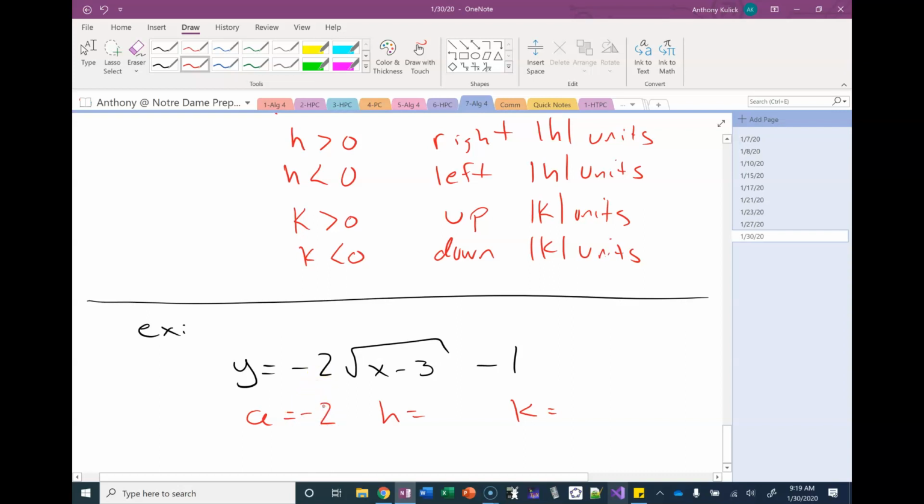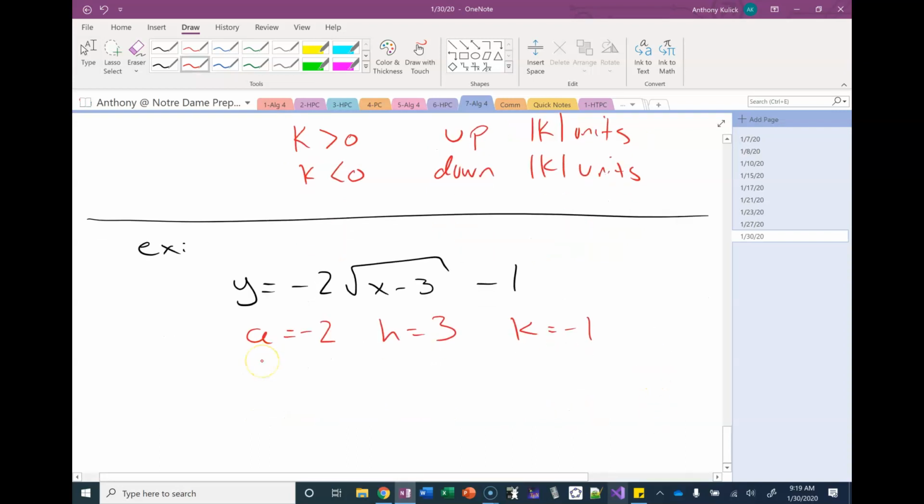Negative 2. What's our value for H? What is the value for H? Oh, 3. Positive 3. Remember that the H's are always the opposite sign of whatever they appear in the function. And the value for K is negative 1.